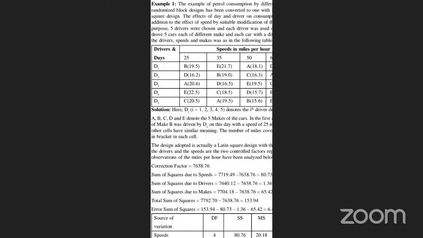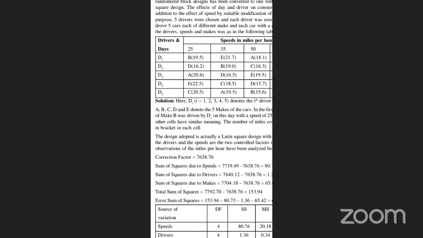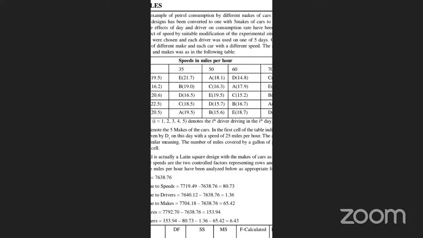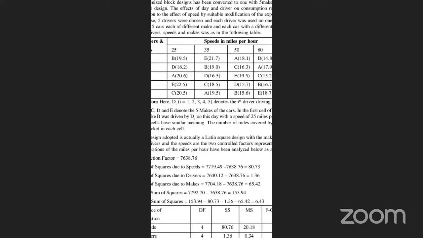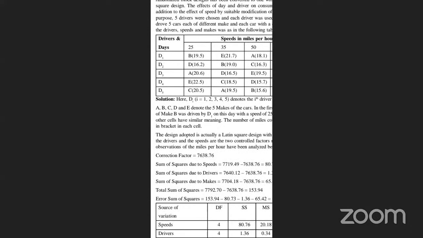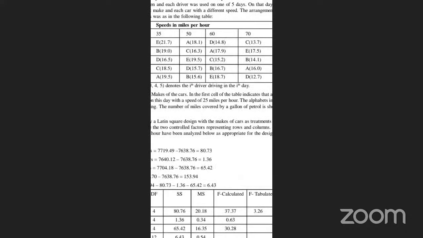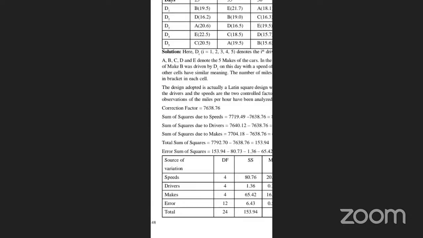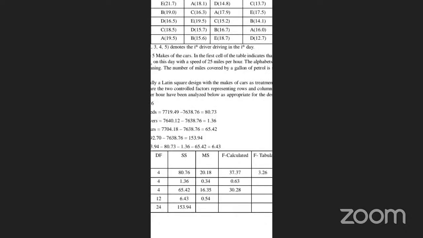The design adopted is a Latin square design, which makes a course of treatments, and the drivers and the speeds are the two controlled factors representing the rows and columns. The observations of miles per gallon have been analyzed below with the appropriate analysis of the design.